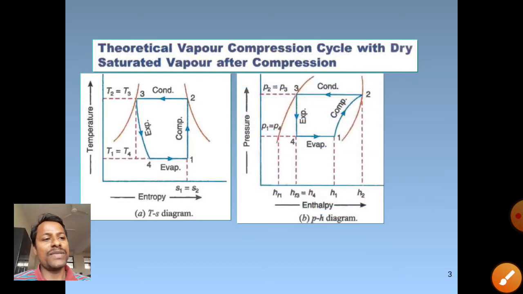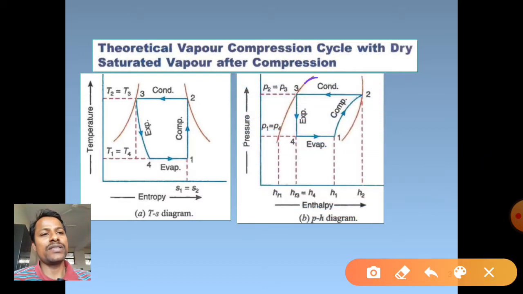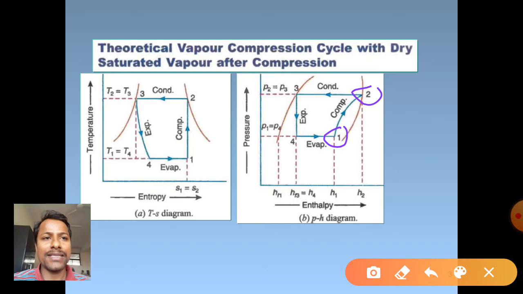Similarly, on the pH diagram, the pressure enthalpy diagram, this is the saturated liquid line and the saturated vapor line. Here state 1 is in the wet region and state 2 is on the saturated vapor line, as we are discussing a vapor compression refrigeration cycle wherein the compressor outlet is dry saturated vapor.